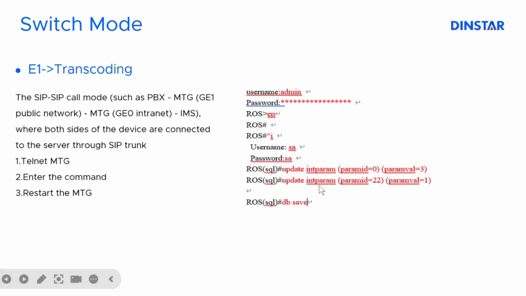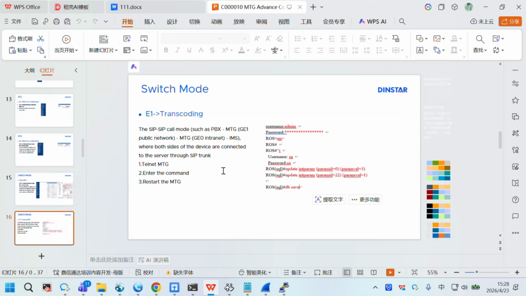This parameter is about the SIP service interface. Like by default, only G1 works, but by enabling it, G0 can also run the SIP service. So let me just show you a demo about it.